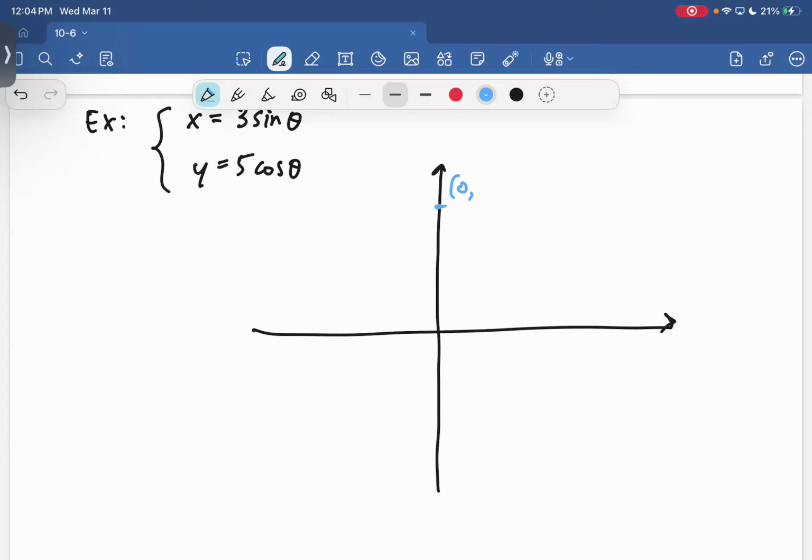You should have that memorized. So theta equals 0 is there. Okay, what if theta equals pi over 2? 3, 0. Good. Impressive, actually. 3, 0.